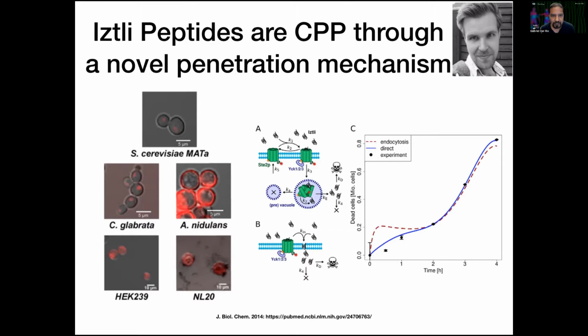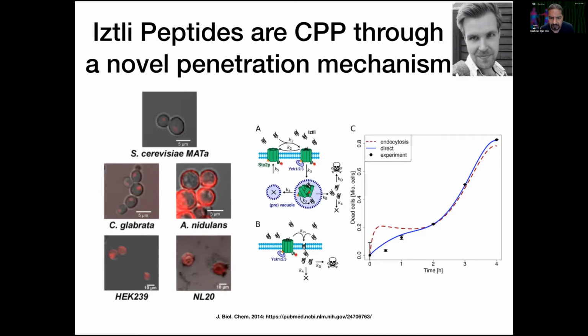The first thing that they studied, Jonathan did a microscopy analysis to show that the Ishli peptides were able to be internalized by several types of cells, including Saccharomyces cerevisiae, other fungi, as well as mammalian cells.